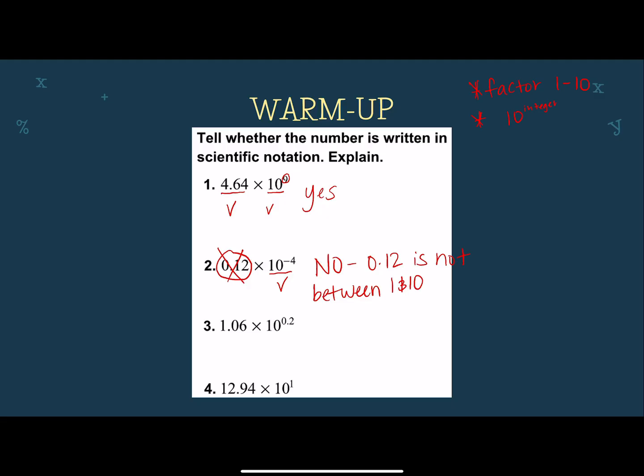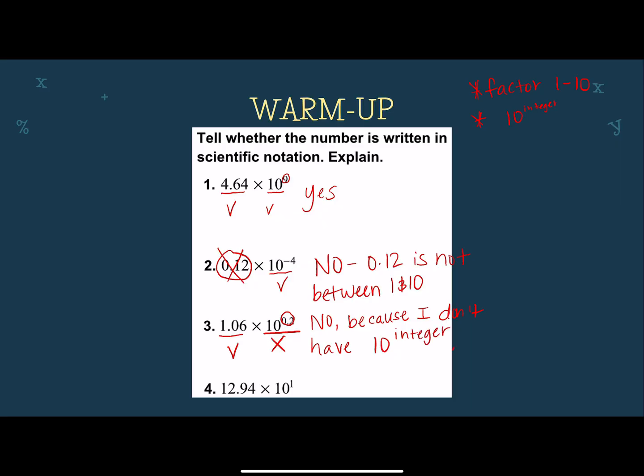Okay, number 3, I do have a factor between 1 and 10. But I do not have 10 to an integer. I have 10 to a decimal. So this is not in scientific notation because I don't have 10 to an integer power.